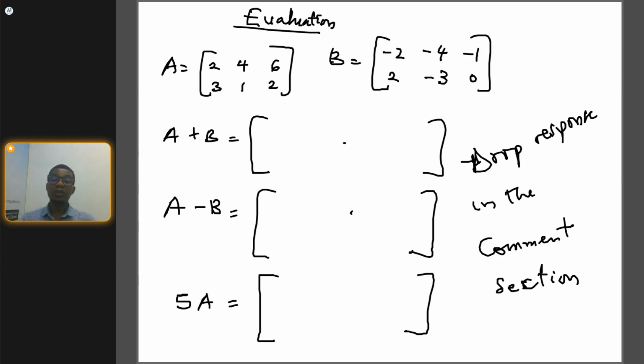We talked about addition of matrix, subtraction of matrix, scalar multiplication of matrix, and also multiplication of matrix. We are going to stop here today, and tomorrow we are going to consider determinant of a matrix and some other subtopics under matrix.